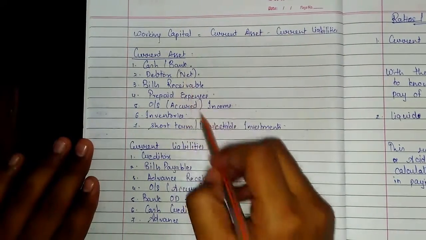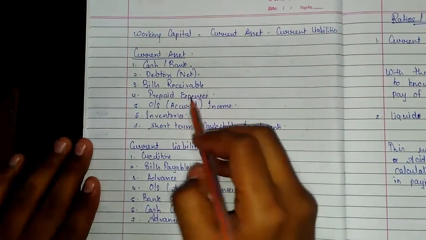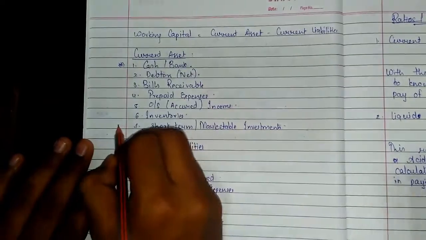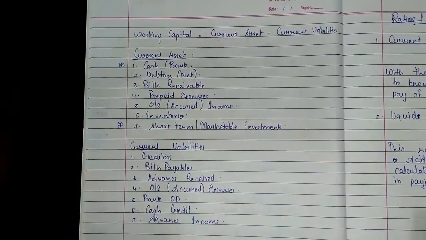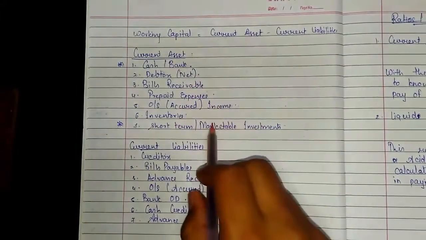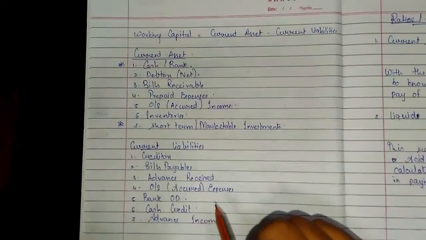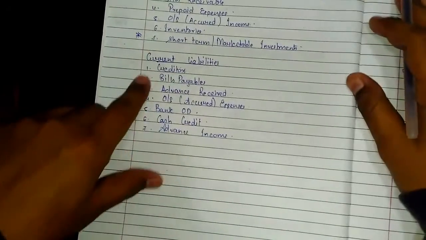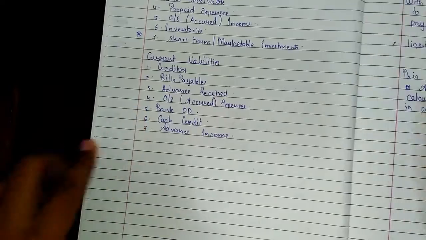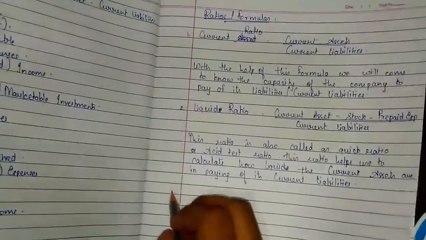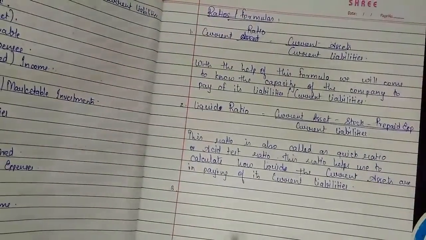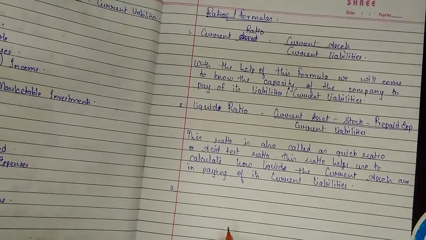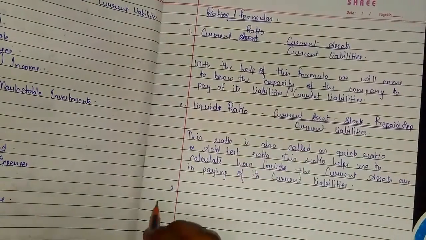So these are the mostly liquid current assets. I hope this is clear. See, this cash and this are quite liquid. This is readily available. If you sell it, you can immediately get the cash for paying off all these current liabilities.